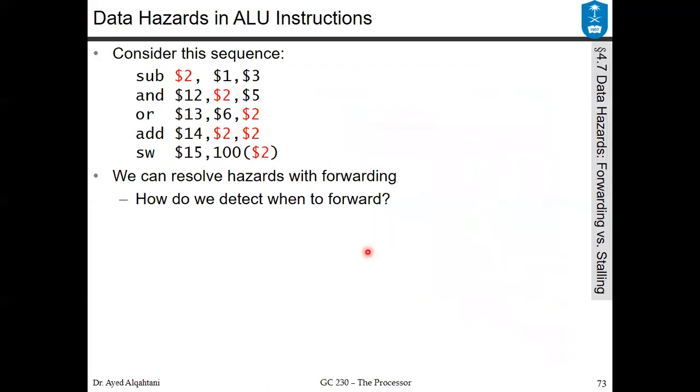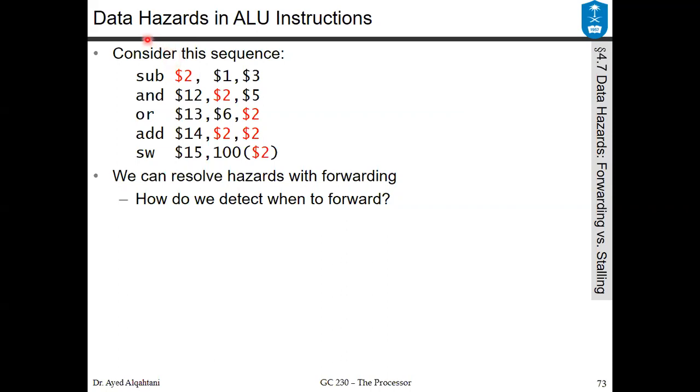Now, at this point, we will see how we deal with different data hazards. So we built the pipeline processor. We showed the single cycle and the multi-cycle, and how the data path is moving, and also the control path. The only thing that we need to worry about is what happens when you have hazards.